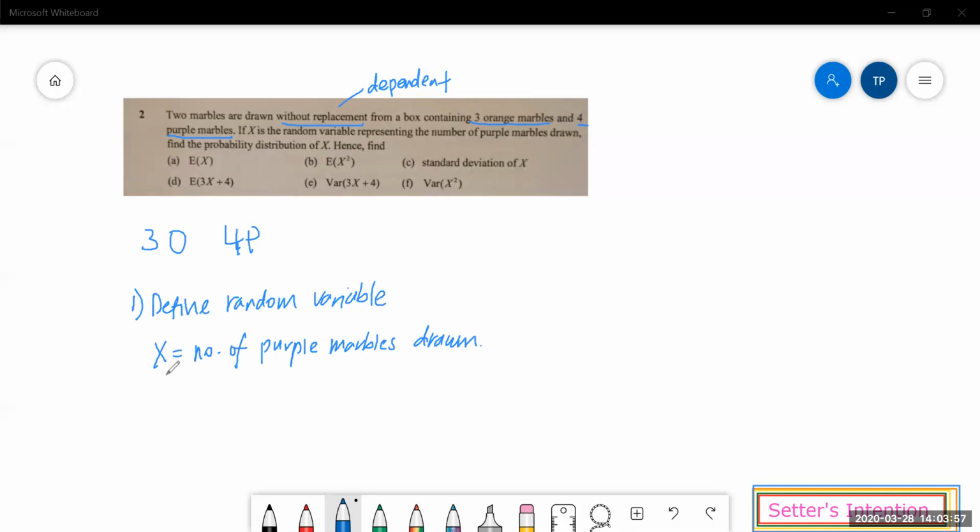Okay, so from here, we need to find the expectation of X in part A. How do we find this? Oh, sorry, my bad. Find the probability distribution of X first.